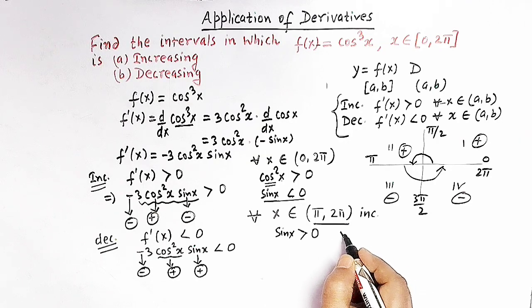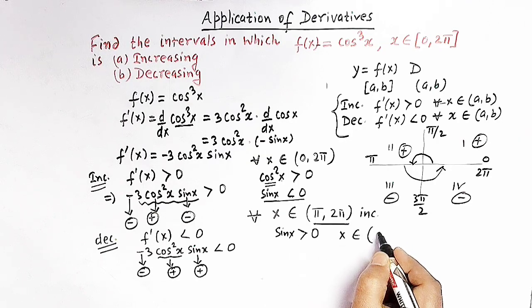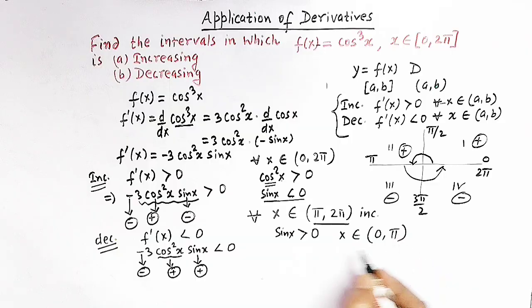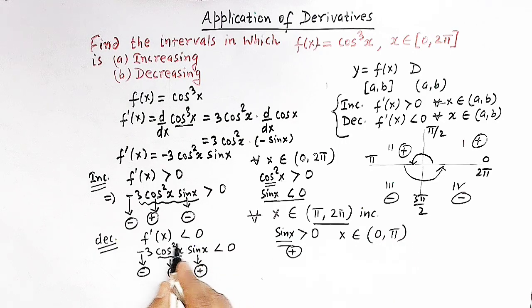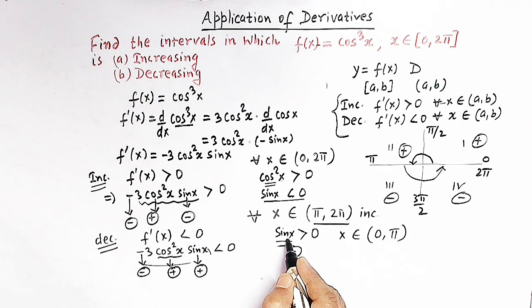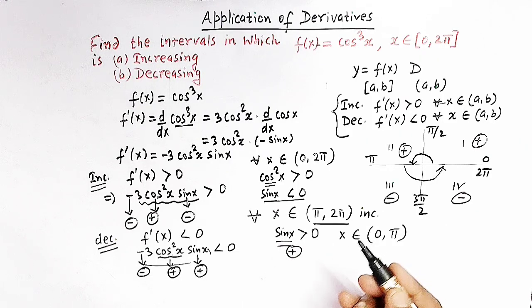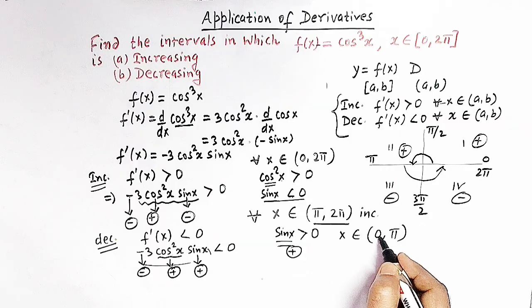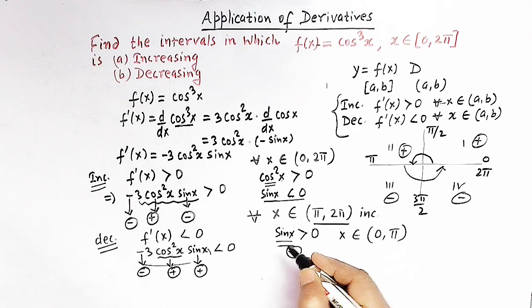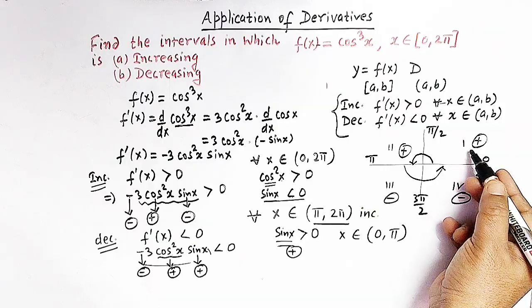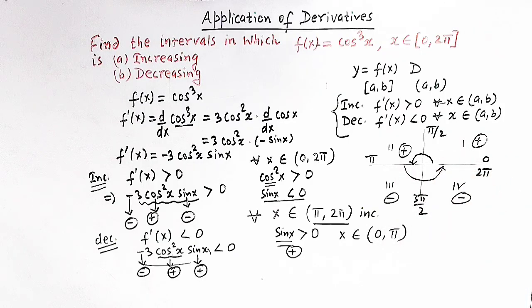So when x belongs to the interval 0 to pi, sine x is positive. So this entire term, minus 3 cos square x sine x, is less than 0 when sine x is greater than 0, that is, when x belongs to the interval 0 to pi, in the first or second quadrant.